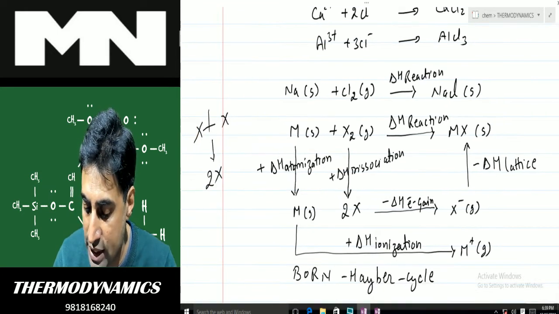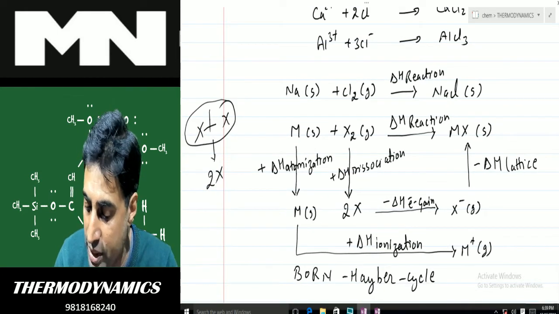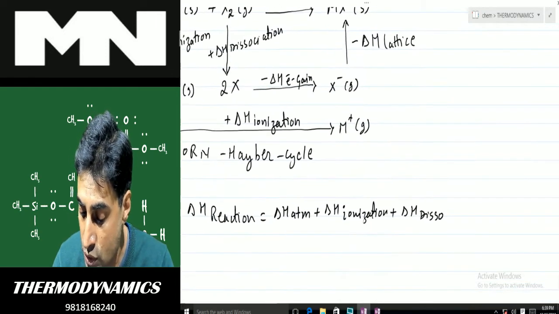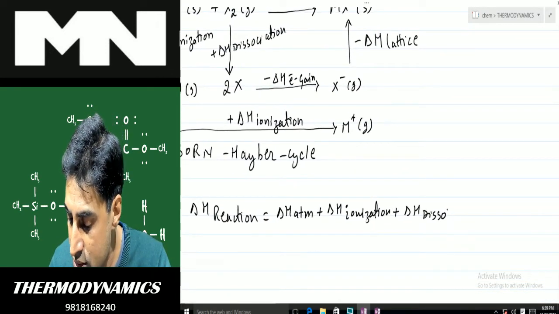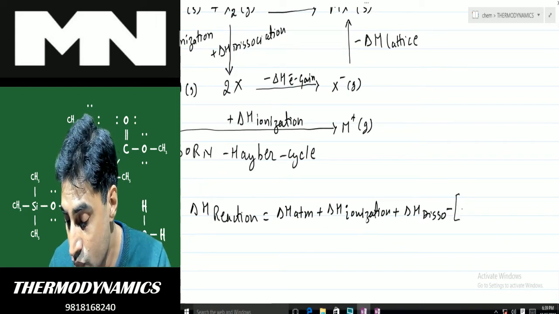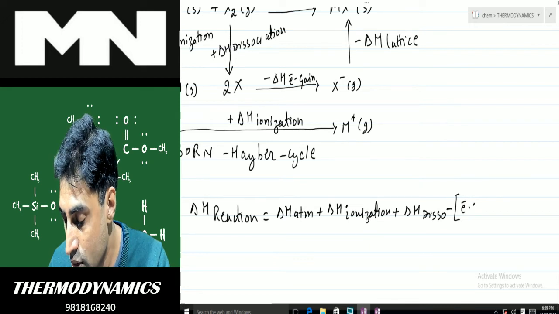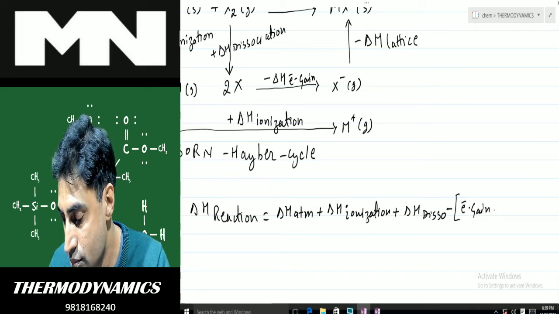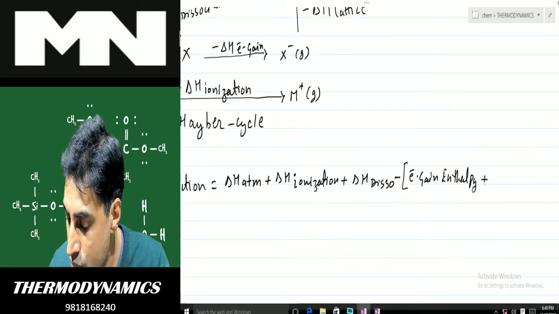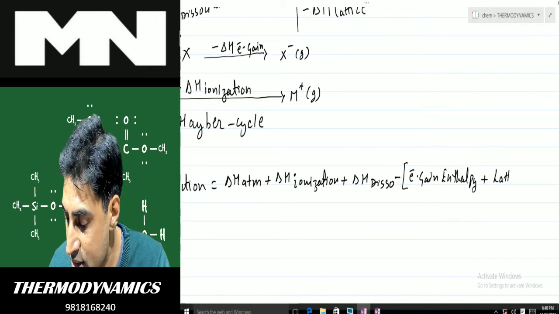As I have told you that X2 is not going to react, you have to break it, you have to apply some energy, that is known as enthalpy of dissociation. Minus now the exothermic steps, that is electron gain enthalpy plus lattice enthalpy.